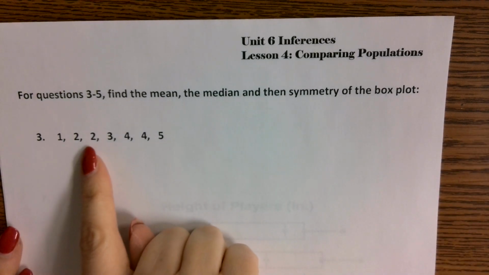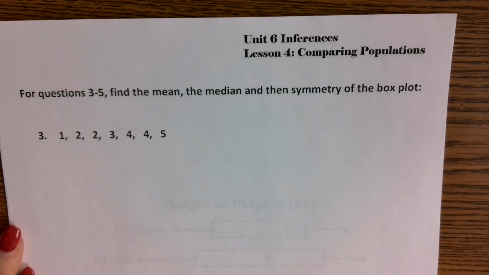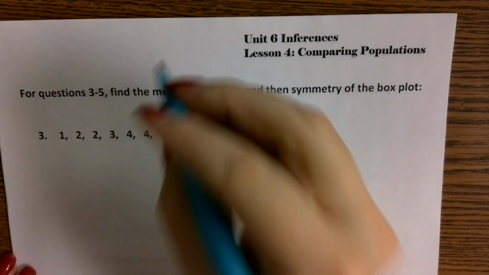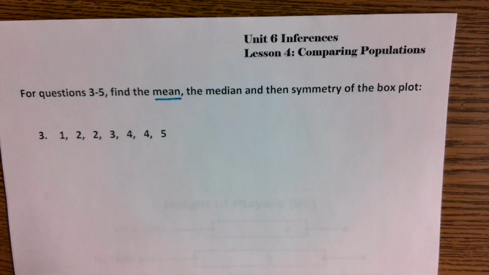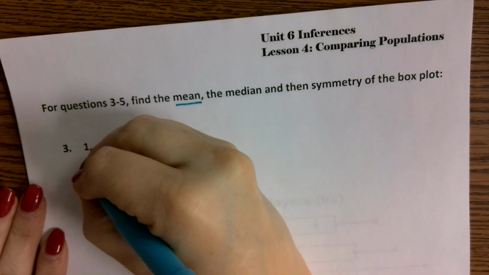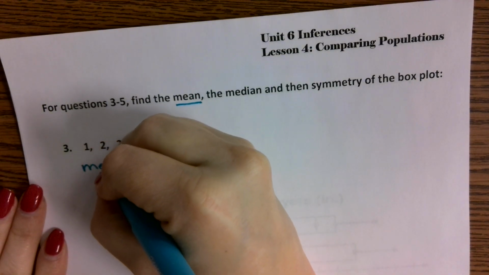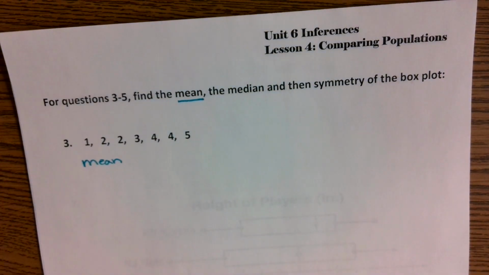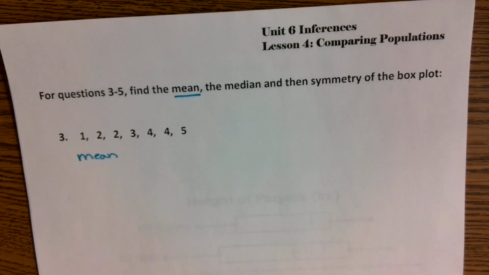What I want you guys to do right now, though, is identify the mean and the median. You can identify the mean and the median for problems 3, 4, and 5. Everybody's identifying the mean and the median for problems 3, 4, and 5.